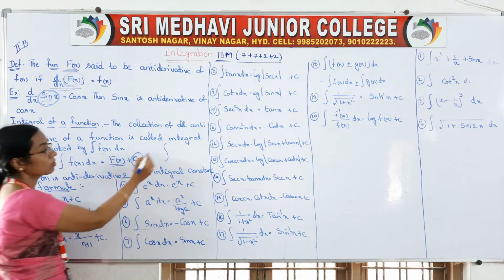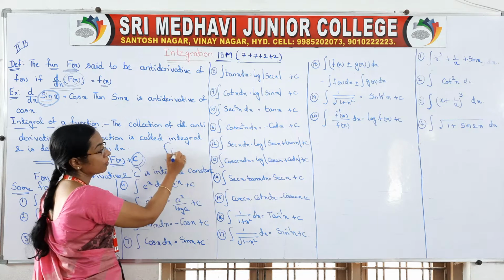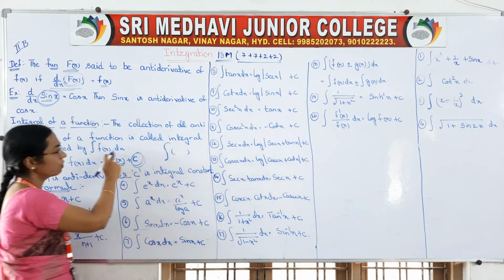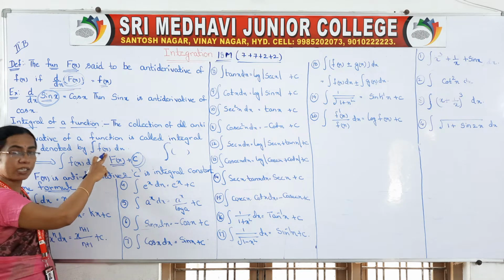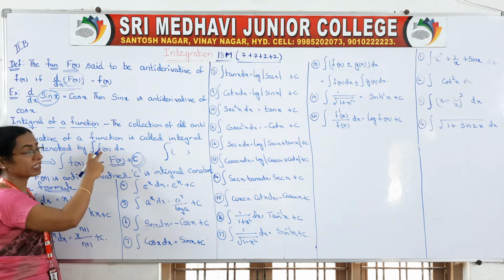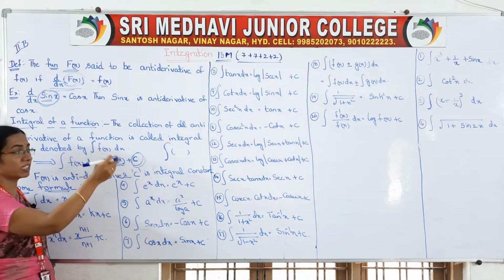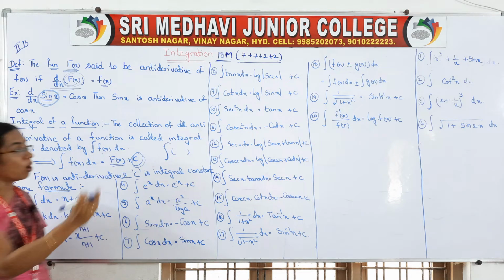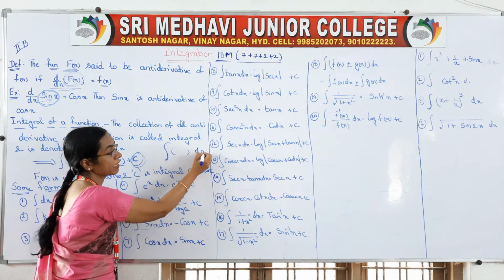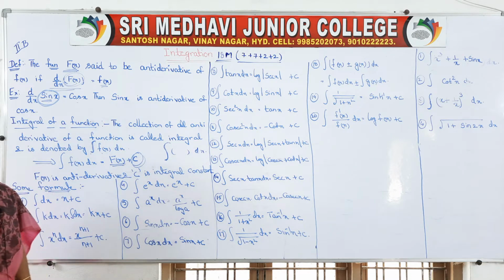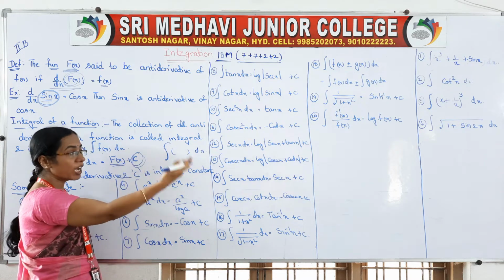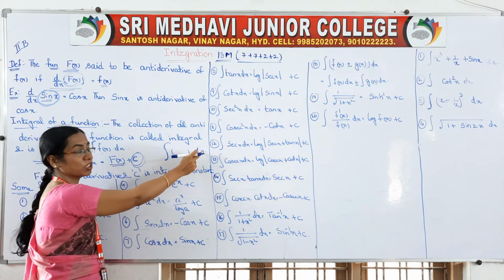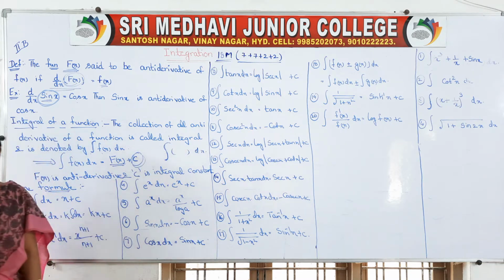So we have to take this symbol, and after it the function f of x, which means any value in terms of x. After this, compulsorily we have to write dx. For each and every problem, find the integral of, we have to take this symbol. We are finding integration with respect to x, that's why dx will be there.